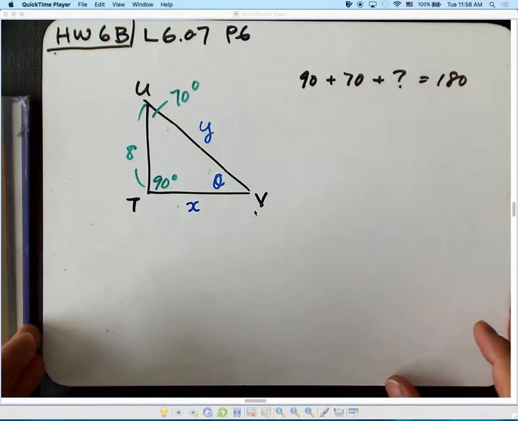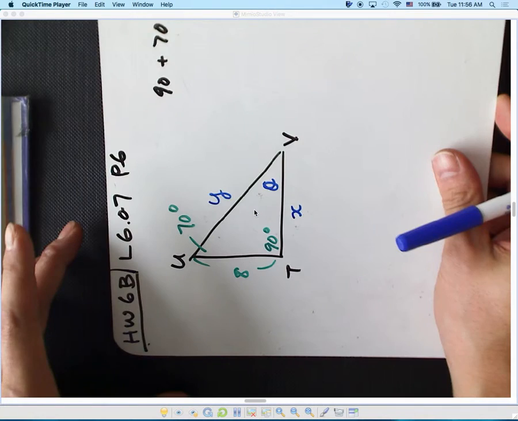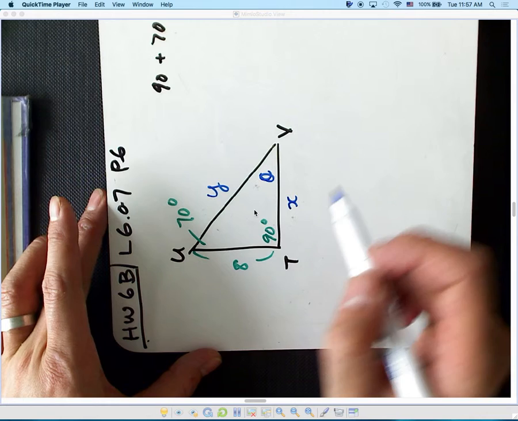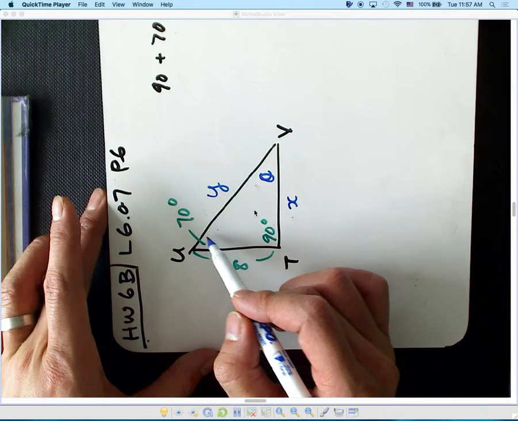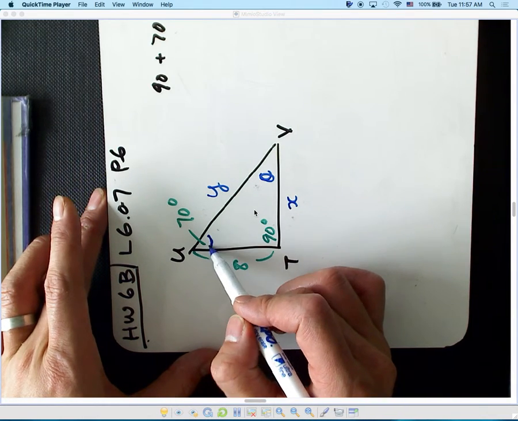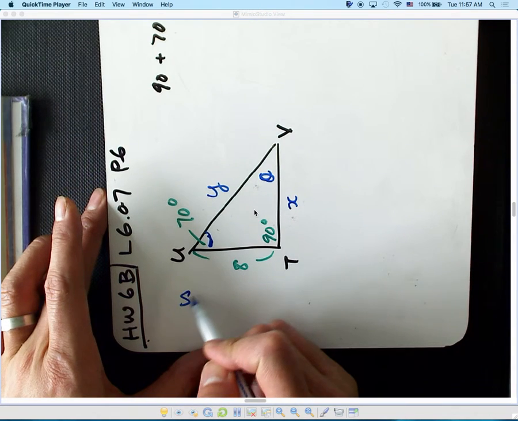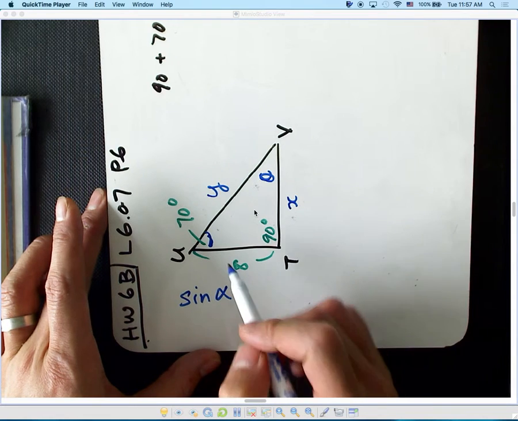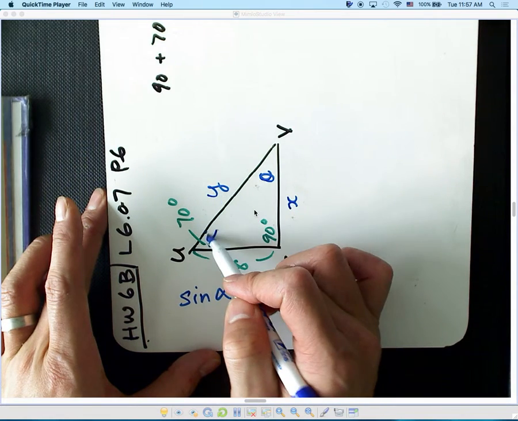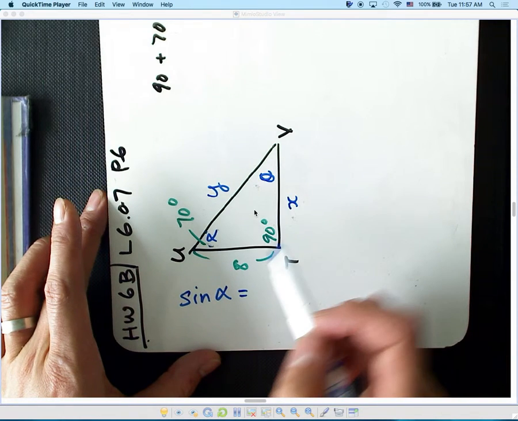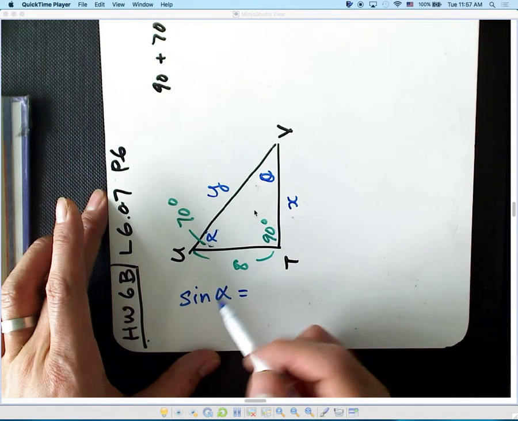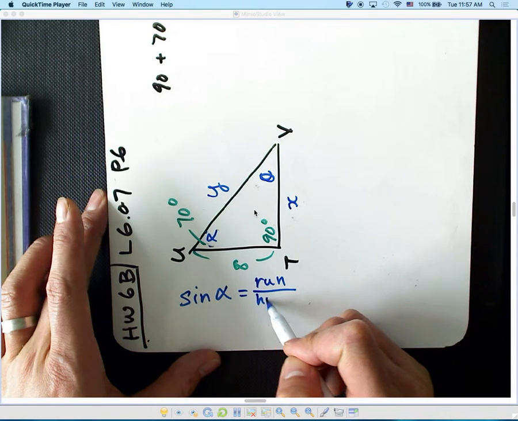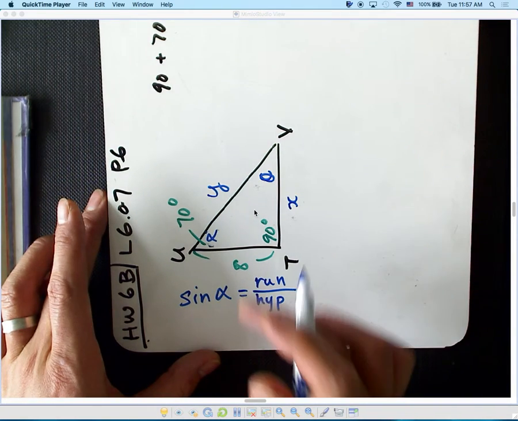And if you look at this, for example, this way, this will be the angle, right? So we know that sine of whatever angle, for example, let's call this alpha, equals run over hypotenuse, right?